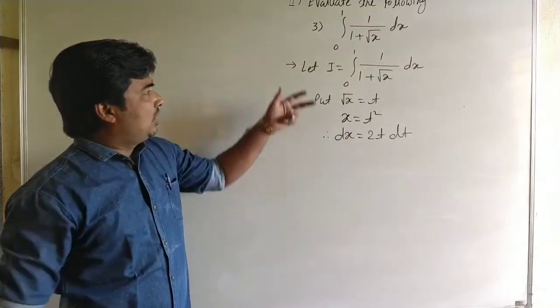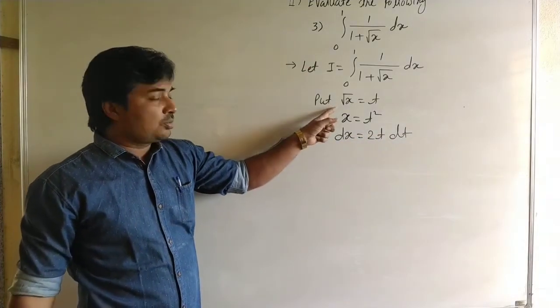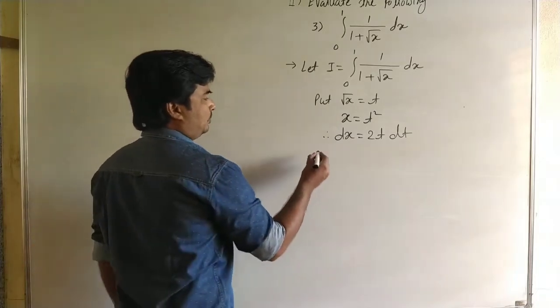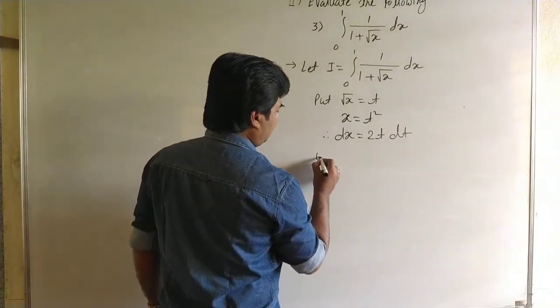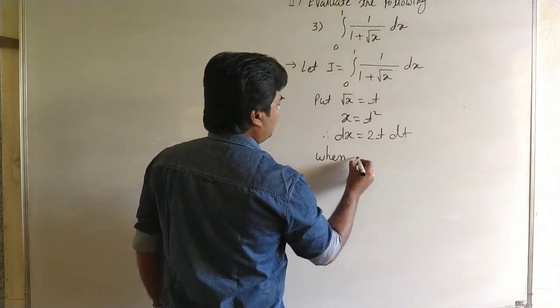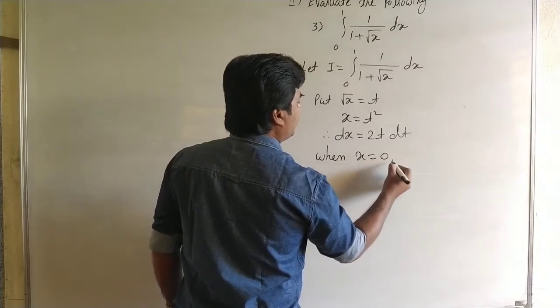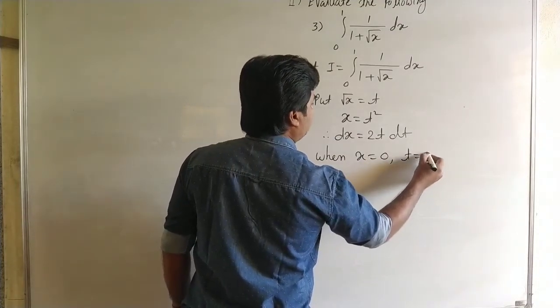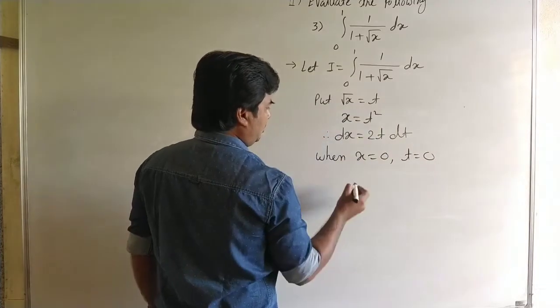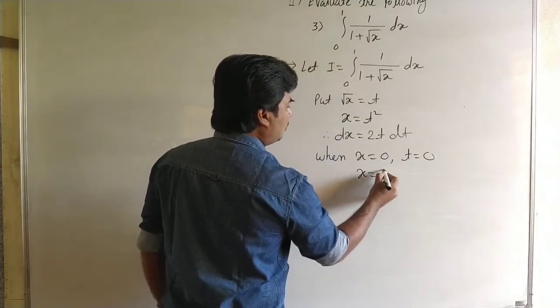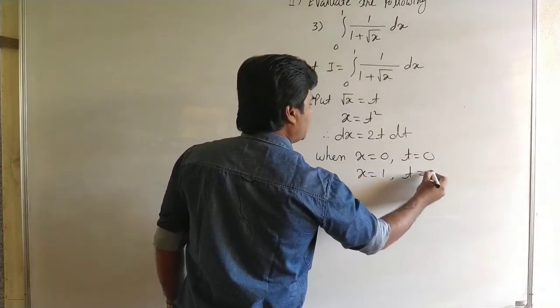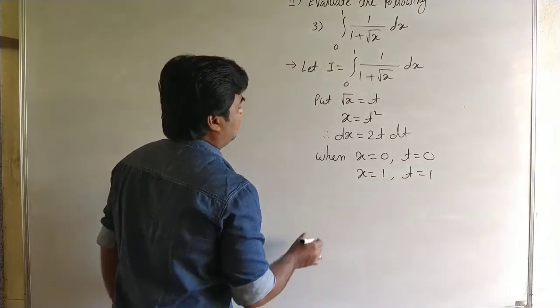Now here it is a definite integral, we use the substitution, so change the limits. When x is equal to 0, t is also 0, and when x is equal to 1, t is also 1, that means 0 to 1.